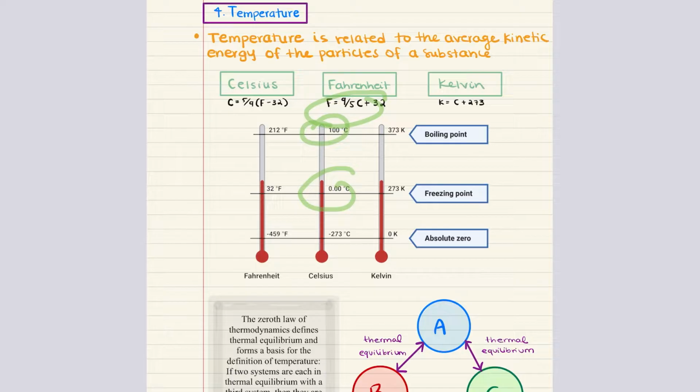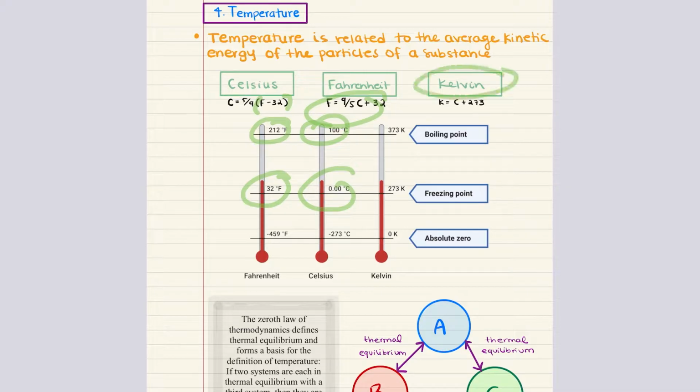On this scale, water freezes at 32 degrees Fahrenheit and boils at 212 degrees Fahrenheit. The conversion from Fahrenheit to Celsius is the following: 5/9 multiplied by, in parentheses, Fahrenheit minus 32. This is how you would convert from Fahrenheit to Celsius.